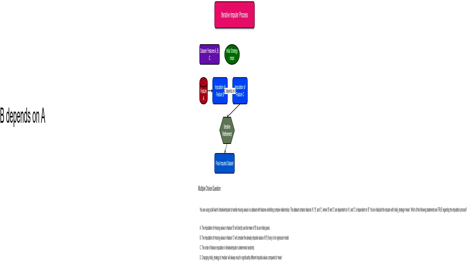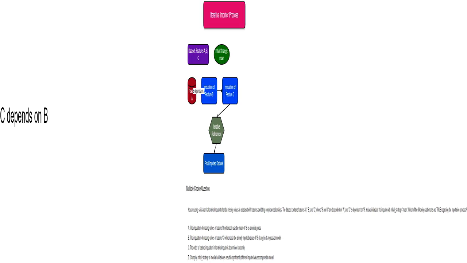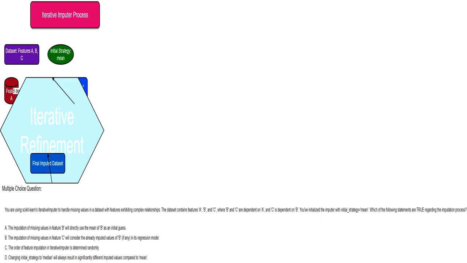The values of feature B are influenced by feature A. This dependency is exploited by IterativeImputer during the imputation process. Similarly, feature C's values depend on those of feature B. This chain dependency emphasizes the iterative nature, improving the accuracy of imputation with each step. The whole process repeats, iterates.